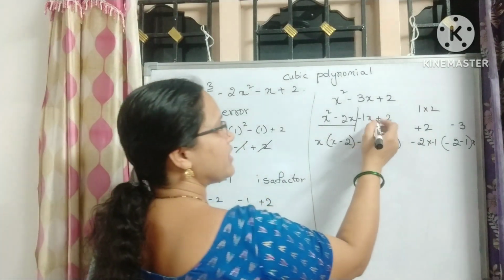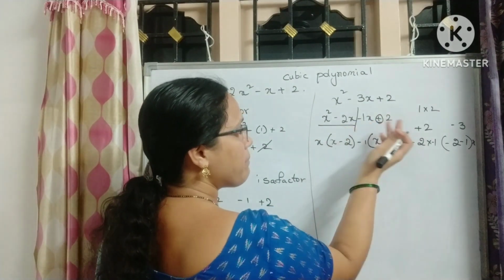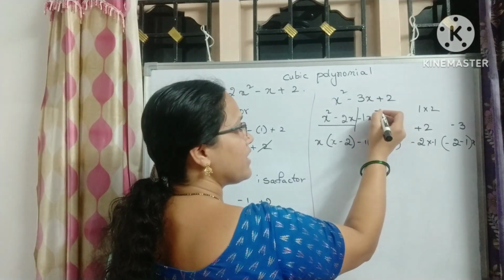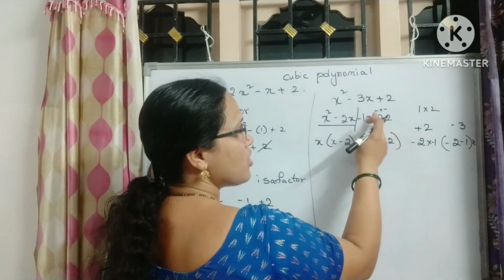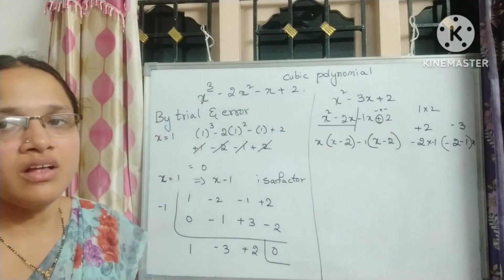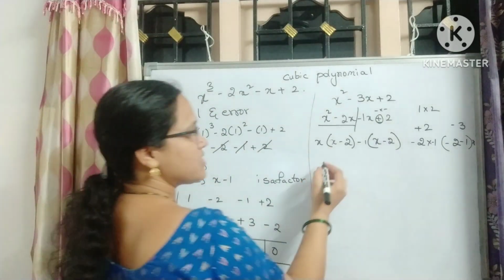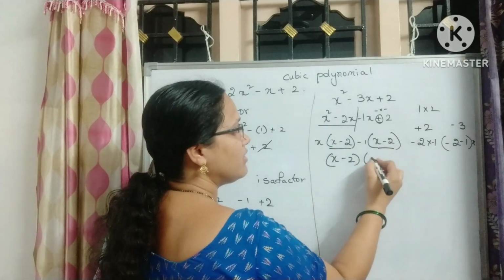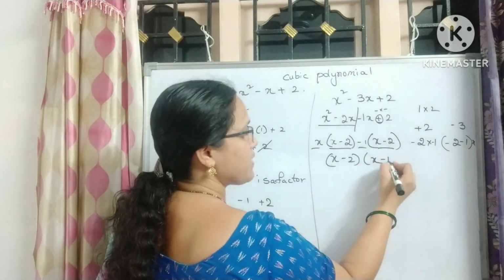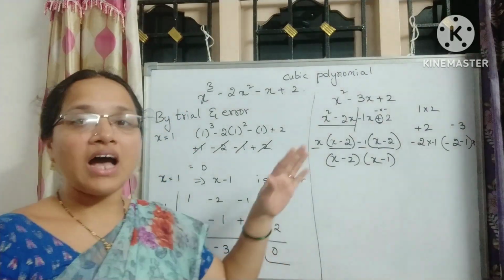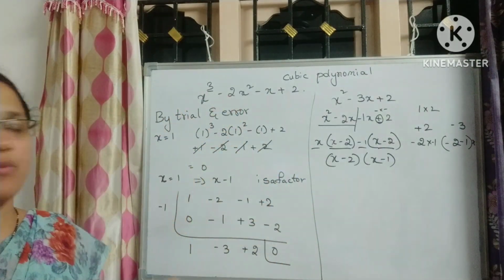Because here it is written plus here, so we have taken minus 1 common. This minus can be written as minus into minus. When one minus goes away, the other minus will remain there. That is how you get the negative symbol there. So x minus 2, the common bracket, and the front parts, x minus 1.